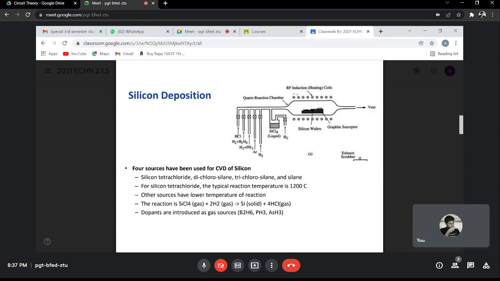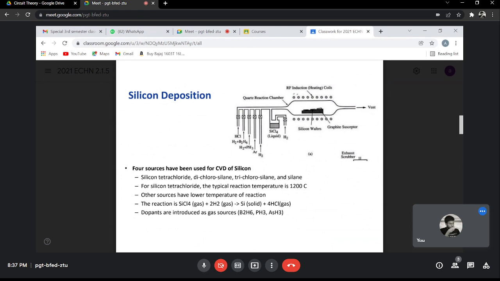Now if you look at the chamber details, you can see silicon tetrachloride. Can you see that? This box is SiCl4. And then hydrogen is passing through that. So the vapors of silicon tetrachloride, it's like a liquid, will pass through the chamber.